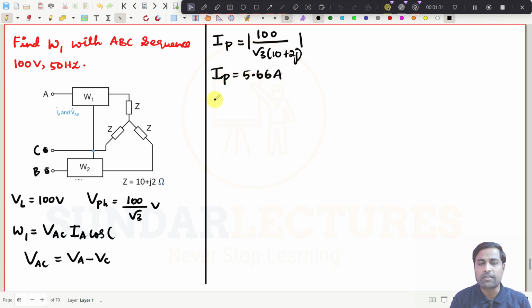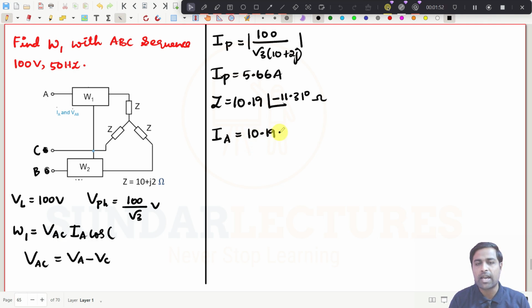And if you convert this Z into polar form, it will be 10.19 at an angle of minus 11.31. Everything is the same here. Now we need to get the IA value. I will write it as I phase, so that you can easily understand.